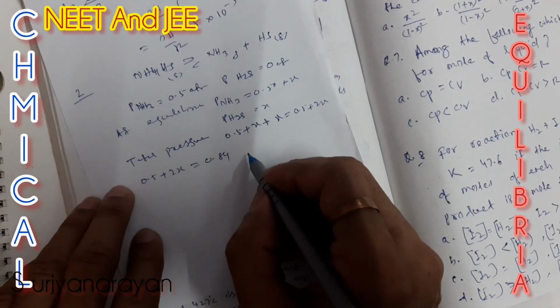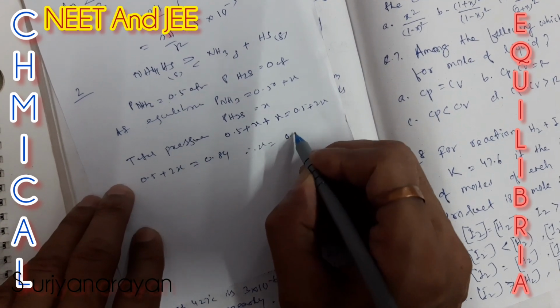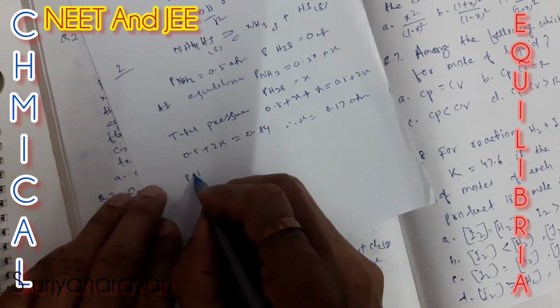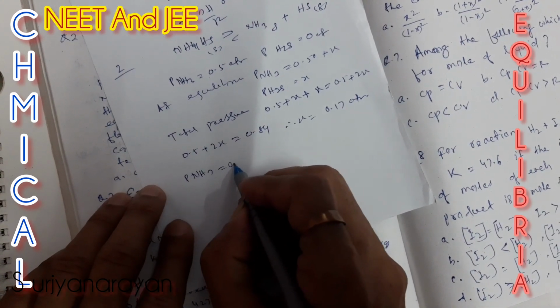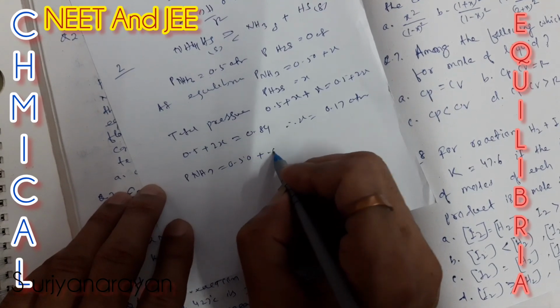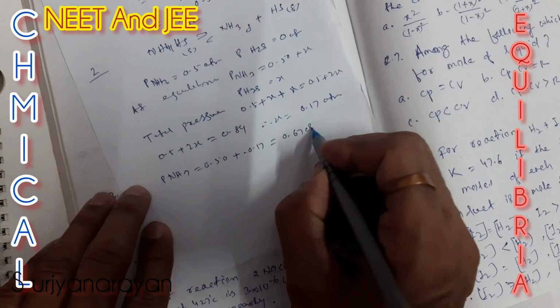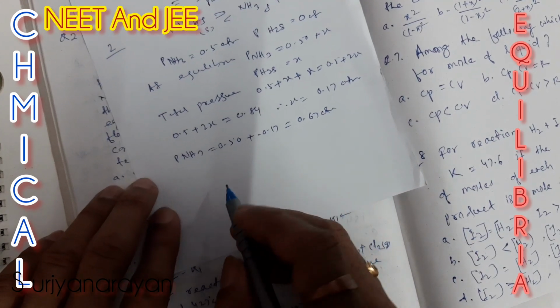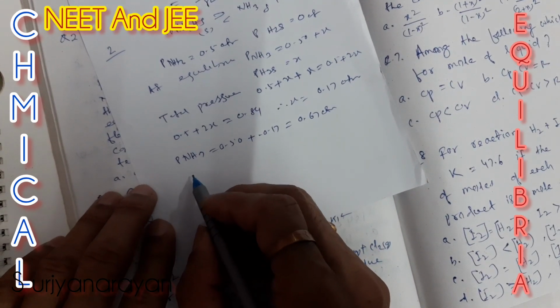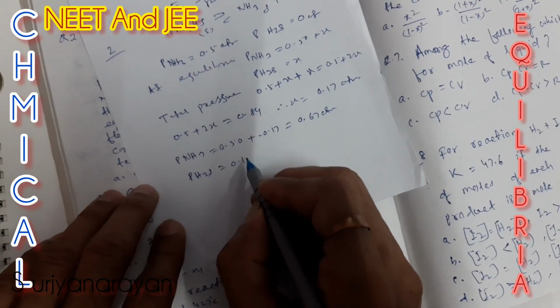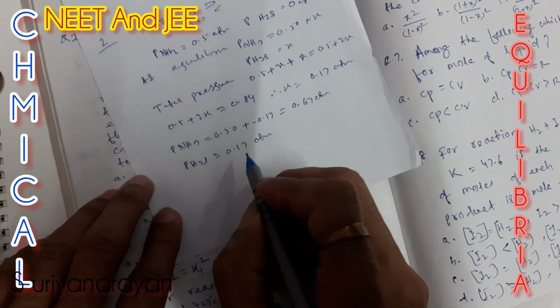Therefore X is equal to 0.17 atmosphere. So P ammonia is 0.50 plus 0.17, this is 0.67 atmosphere pressure. PH2S is equal to 0.17 atmosphere pressure.